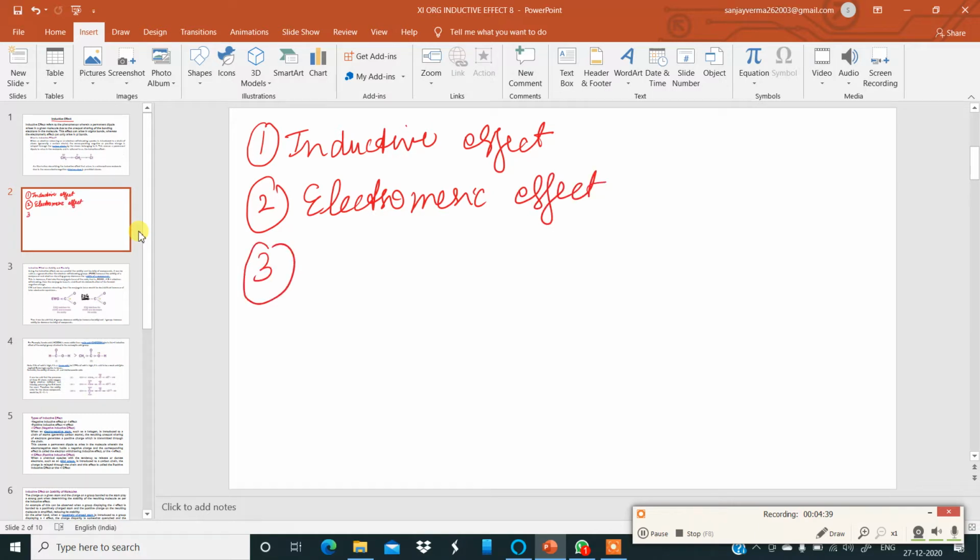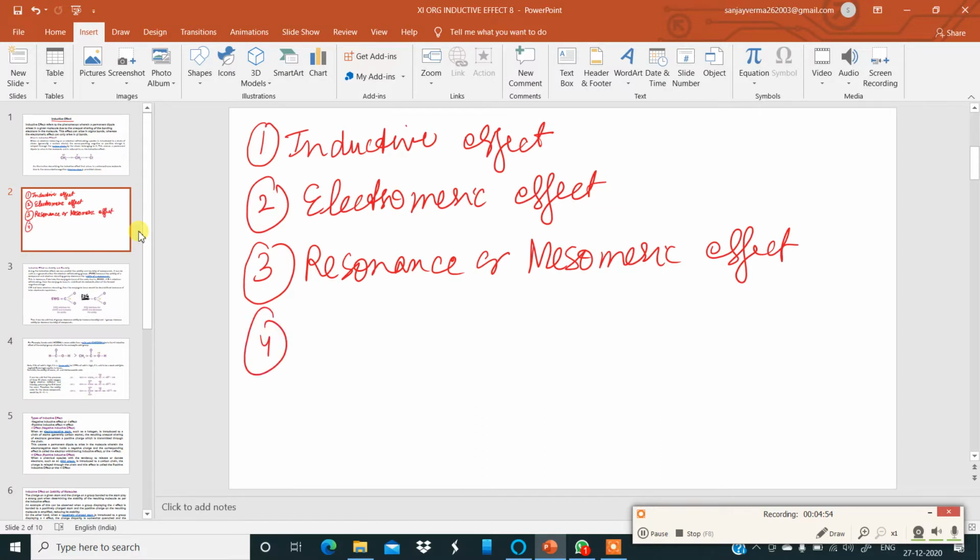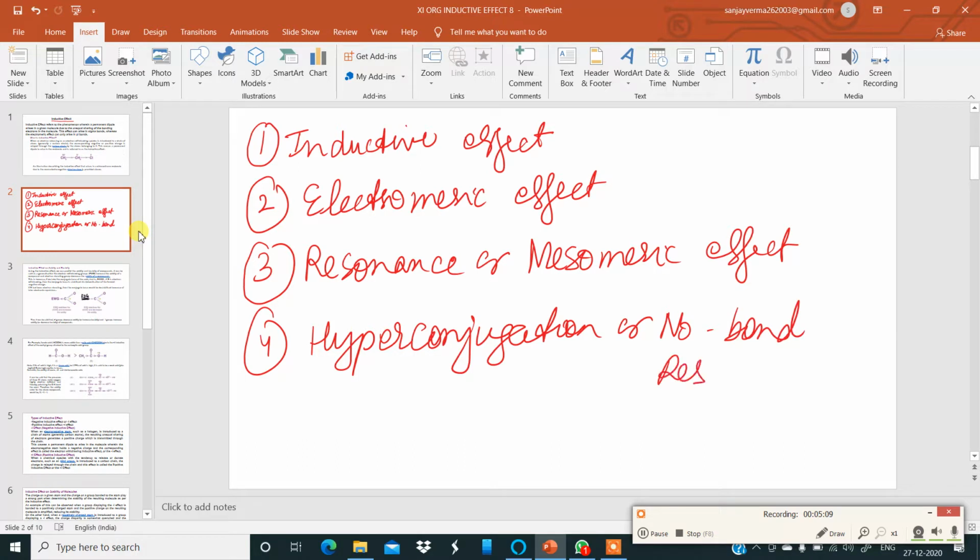The third one is called resonance or mesomeric effect. The fourth one is called hyperconjugation, or it is correctly called no bond resonance. So these are the four important effects which come under electron displacement in covalent bonds.